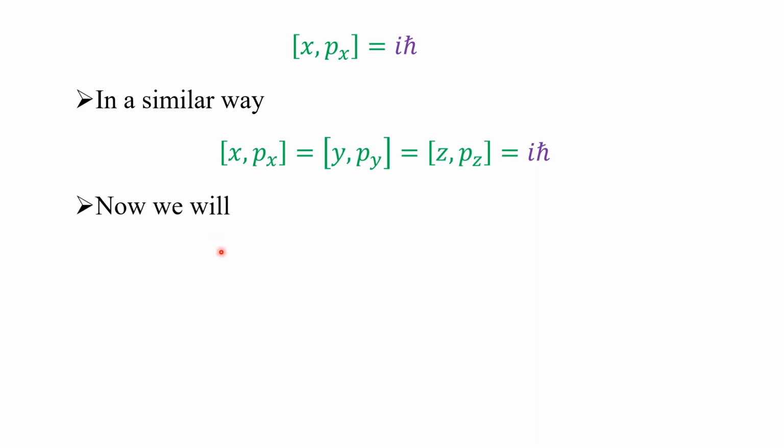That is, the commutation of x with the y component of momentum, which acts on some arbitrary function f, is equal to x py f minus py x f.